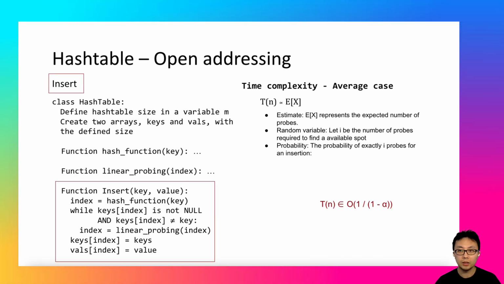As a result, we can conclude that the time complexity is in proportion to the load factor alpha, expressed as big O of 1 divided by 1 minus alpha.